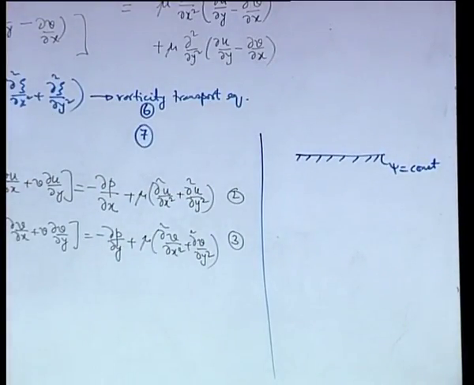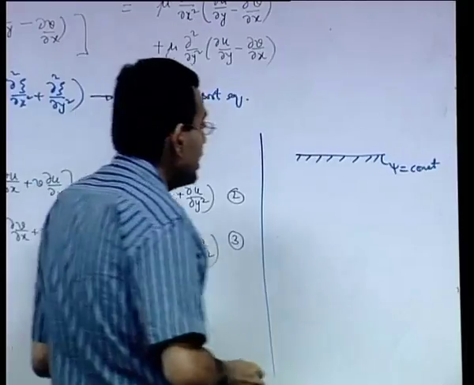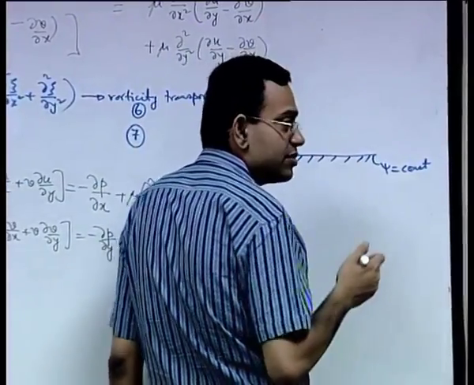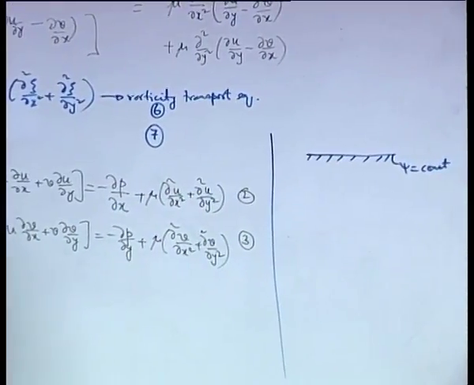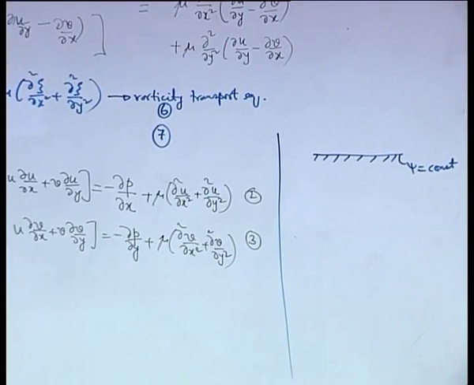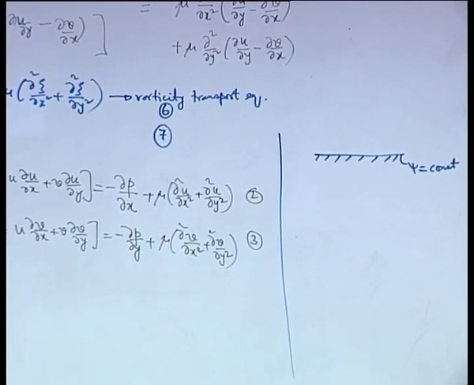Now what would be the boundary condition on vorticity that you can give on this boundary? Let us look into that, because vorticity boundary condition is something which you need to derive, and it need not follow straightforwardly from the description of the physical problem.